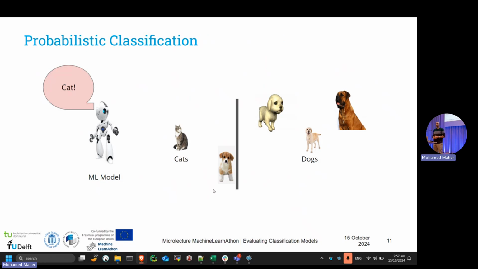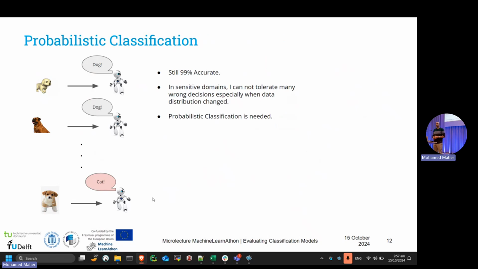Because if it has low probability or low confidence, this means that the model is not confident of its prediction, and we can move this image to a human in order to double check the prediction of the machine learning model. Of course the model is still 99% accurate, but in sensitive domains we cannot tolerate many wrong decisions, especially when the data distribution changes. And in this case, probabilistic classification is needed.